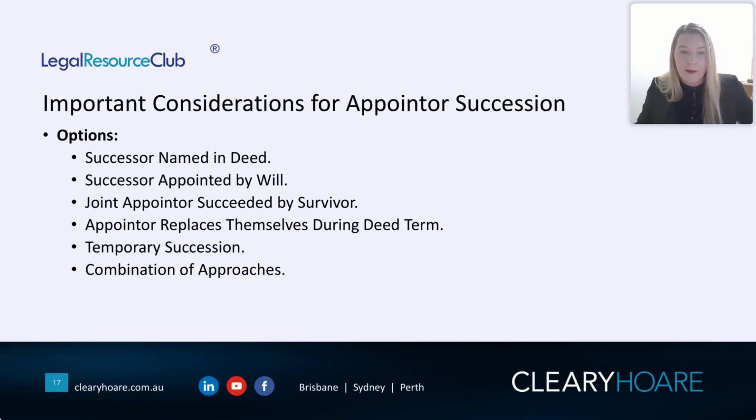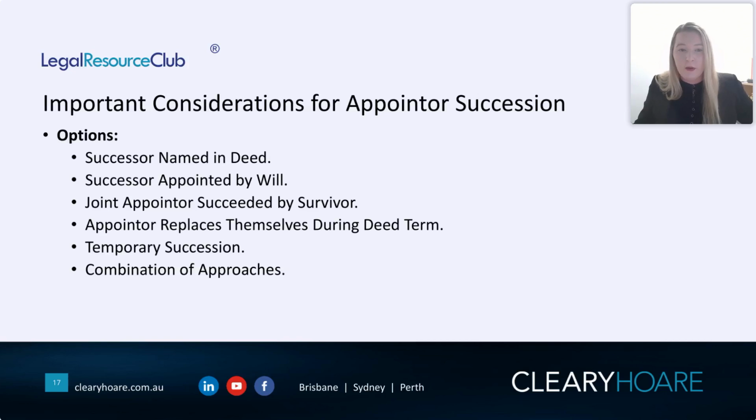So the first way in which you can ensure you always have an appointor is simply name them in the deed. So when you establish the trust deed, you can have a first principal or appointor, and that's the person that will hold the role from the establishment of the trust.